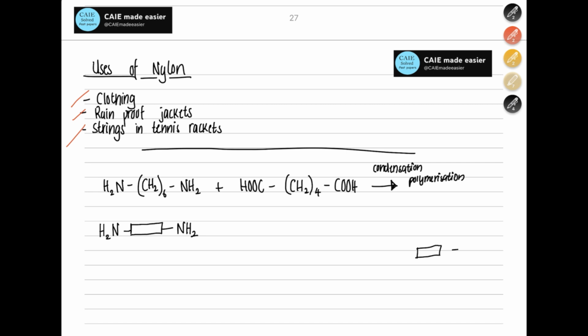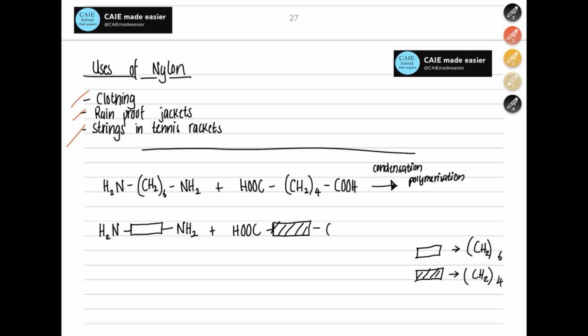This square means CH2 6, so you don't have to repeat it over and over again. Plus HOOC, and then we cannot draw the same one, so we'll make some lines. This is our key, we'll call this CH2 4.